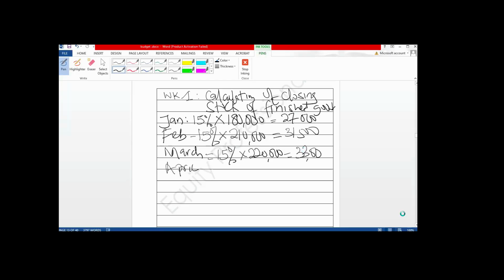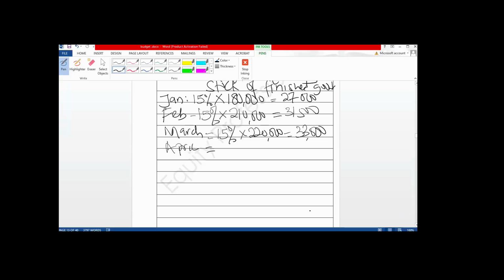If I want to get for April, examiner says 15% of following month budgeted sales. The following month after April is May. What is the budgeted sales for May? 200,000. 15% will give you 30,000. If you go back to the Excel, look at it.